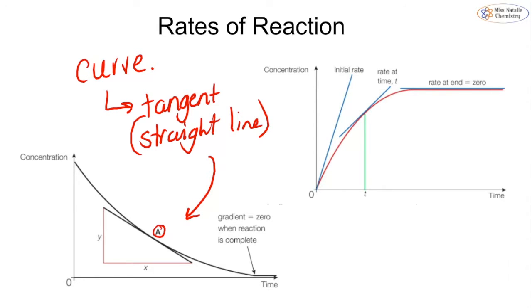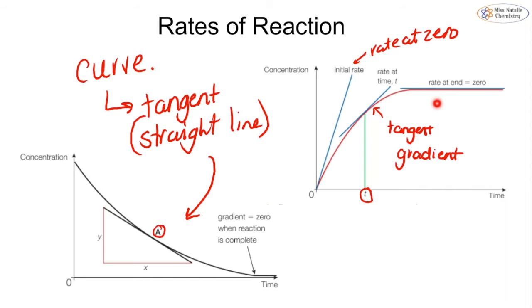So you can see on the diagram on the right hand side, your initial rate is the rate at 0. And then we can find the rate at any particular time. So if I want to find the rate of reaction at time t, I've drawn my tangent to the point at time t, and then I find out the gradient of that line, and that tells me the rate.